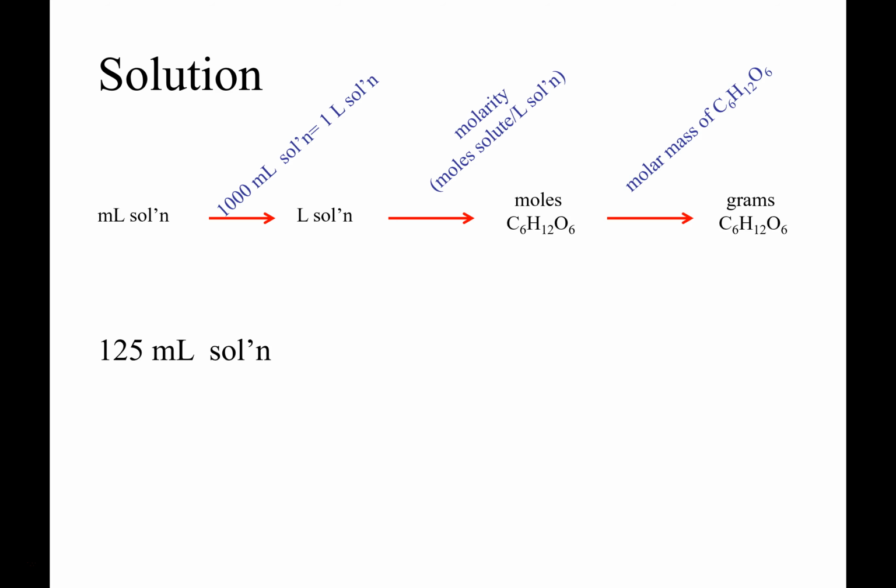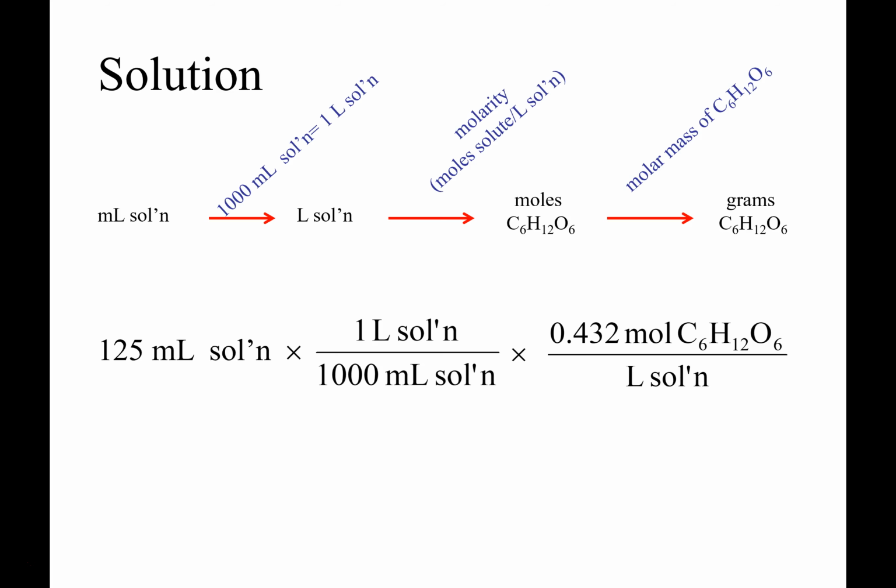So here we go. Looks like I didn't show that molar mass calculation. So my first term is the volume of the solution, 125 milliliters over 1. And then I want to get to liters, so I'll put 1 liter of solution over 1,000 milliliters. And now I'm ready to introduce molarity. I'll use the unflipped version of molarity, that 0.432 moles of C6H12O6 over 1 liter of solution.